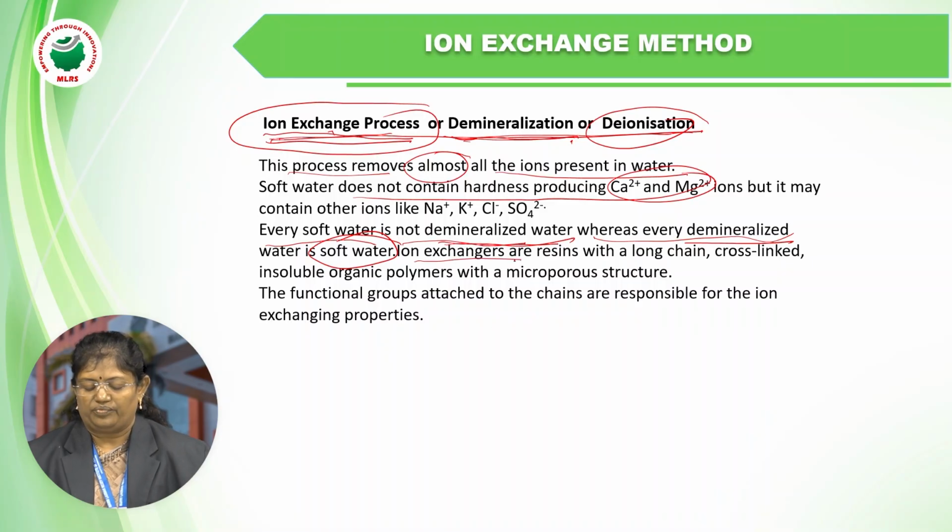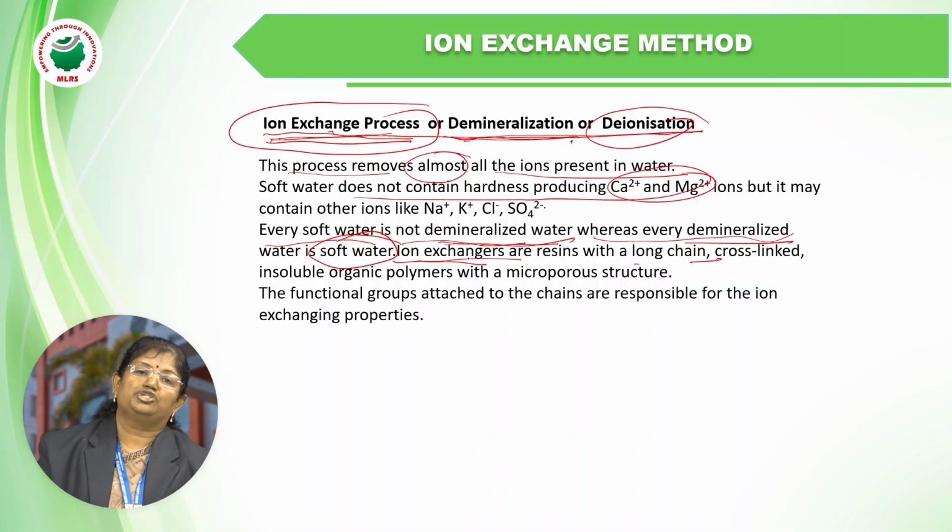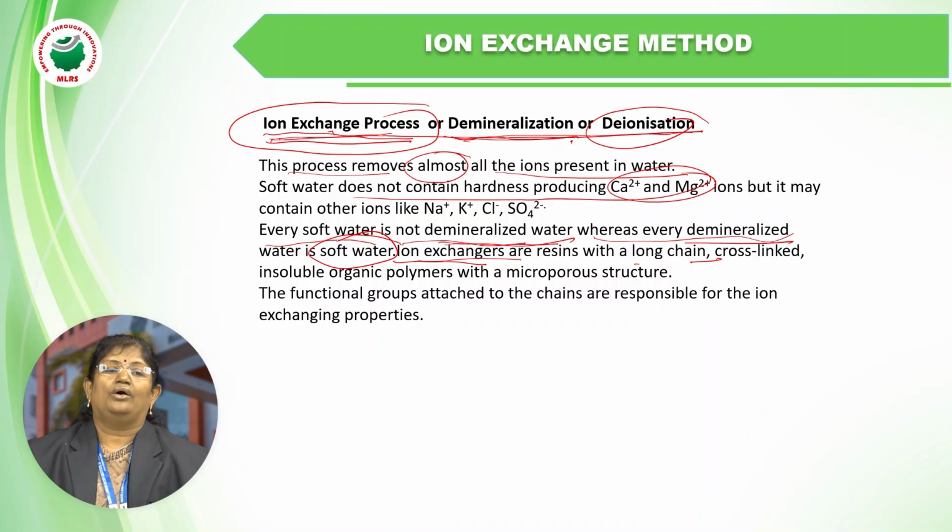Ion exchangers are resins with a long chain. In this ion exchange method, we use ion exchangers. So what are these ion exchangers? Ion exchangers are resins, which means organic polymers.